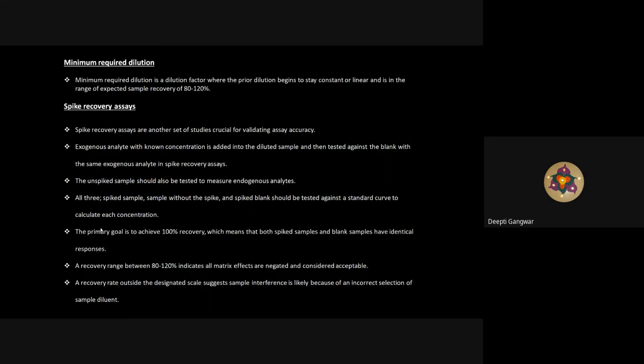Once you show that you have these concentrations giving the spike recovery value, then you can say that my ELISA is working accurately, it is working perfectly. So this is how you initially start. You fix a concentration of the sample that will be used, you spike a known amount of HCPs in that, and then you do an ELISA, and you show that yes, I am getting the spike recovery values.